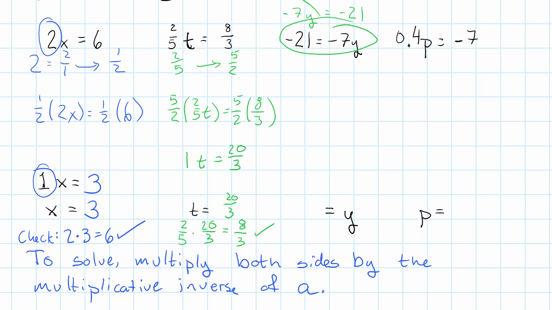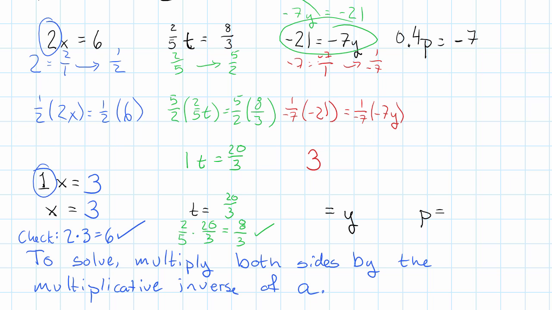Alright. This equation, I need to take the multiplicative inverse of -7. Remember, -7, that's -7 over 1. Its reciprocal is 1 over -7. So I'll multiply both sides by 1 over -7. 1 over -7 times -21, that's going to be +3.